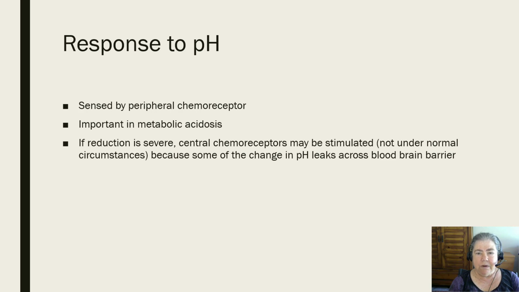When pH is very low, we seriously trigger the peripheral chemoreceptors. Eventually, if it's very bad, we might trigger some central chemoreceptors. But what happens is that change in pH with the high hydrogen ions tends to trigger increased ventilation. It's as if the body is trying to get rid of more CO2.